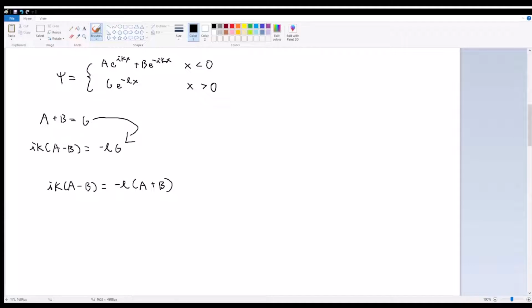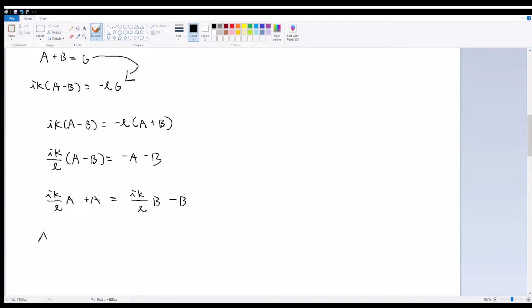If I want to move the L over, I get ik over L times (A minus B) is equal to negative A minus B. Move all the A's to one side, move all the B's to the other, I get ik over L times A plus A is equal to ik over L times B minus B, otherwise defined as A times (ik plus L) over L is equal to B times (ik minus L) over L, where I'm separating this into ik over L plus 1 and ik over L minus 1 respectively.